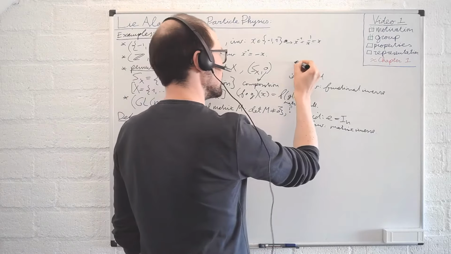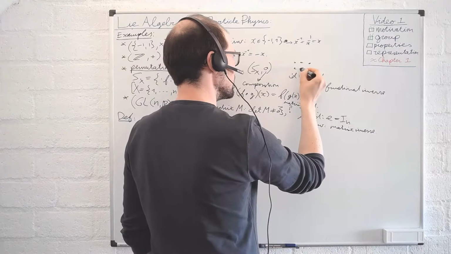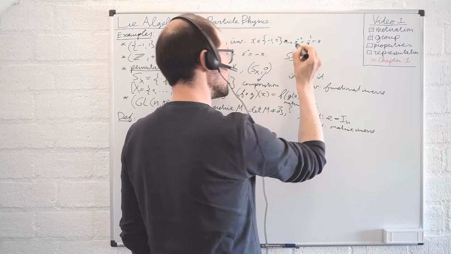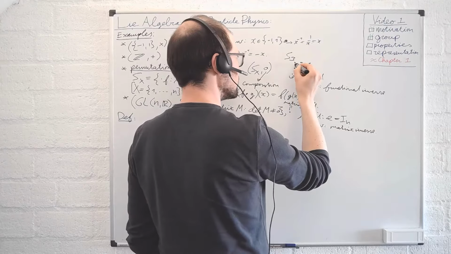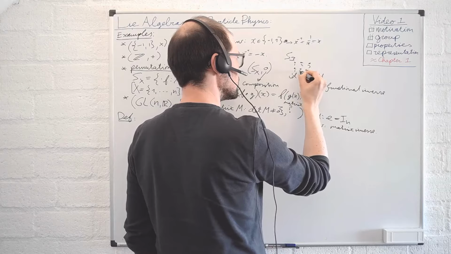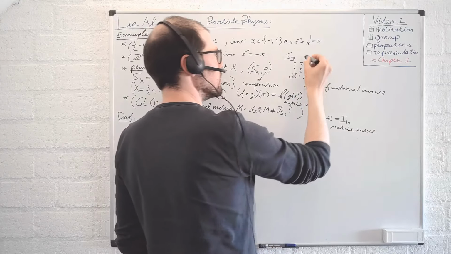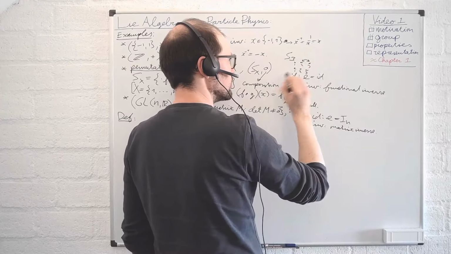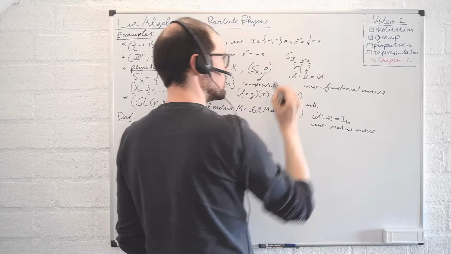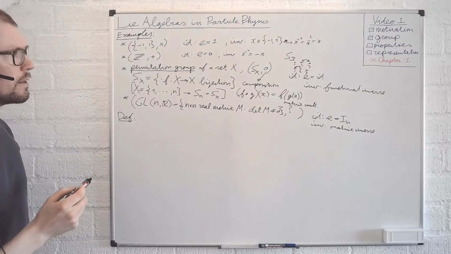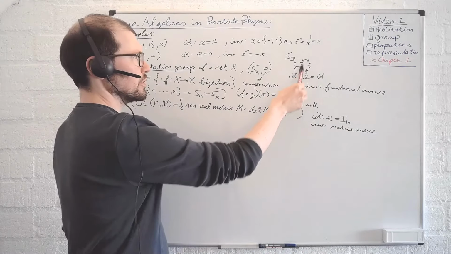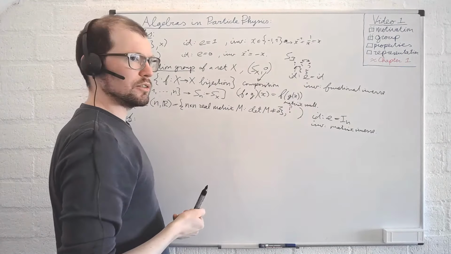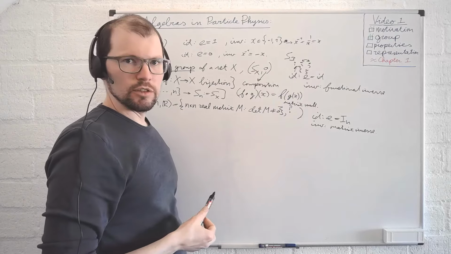If I look at S3 with 3 elements, 1, 2, 3, and I look at the permutation that interchanges the first two or the second two, then the order in which I compose these permutations is going to lead to different results.